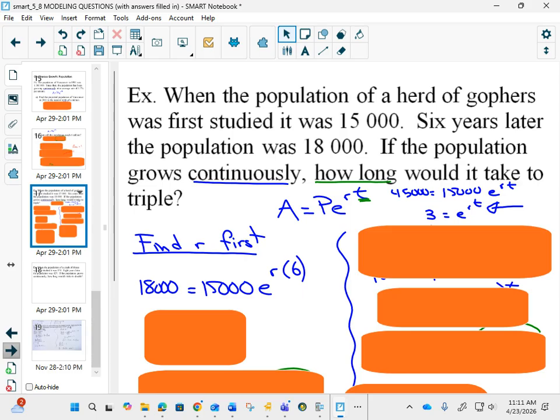Again, here is my power. If you can get that power by itself, your life with logarithms is a little bit easier. Can you see that you could divide both sides by 15,000? That'll just give me 18 over 15. I could reduce that further if I wanted to, but I don't need to.